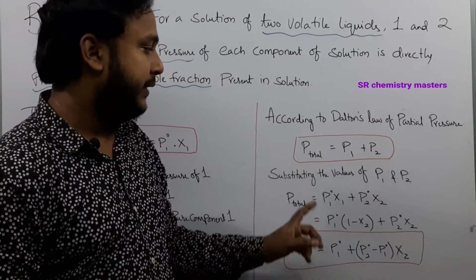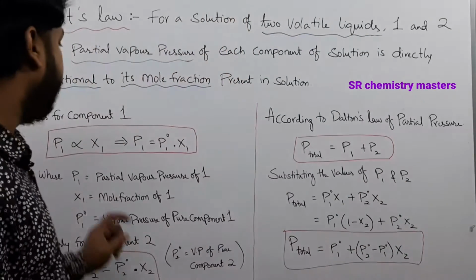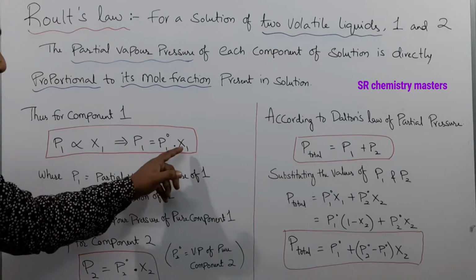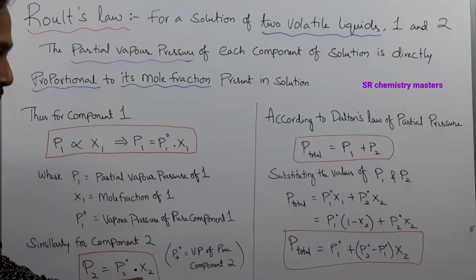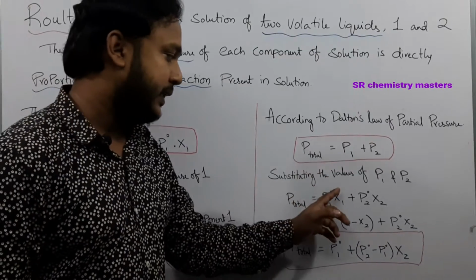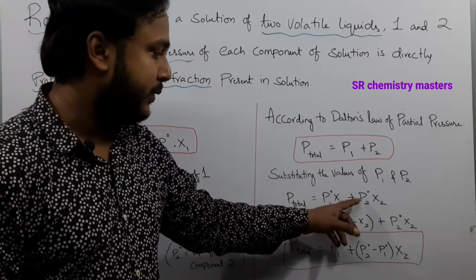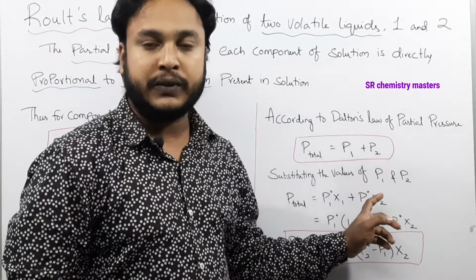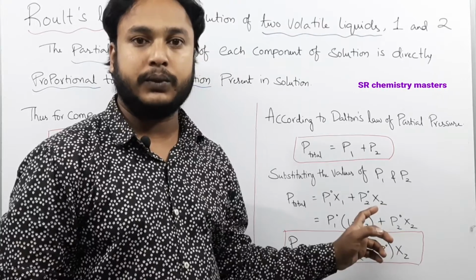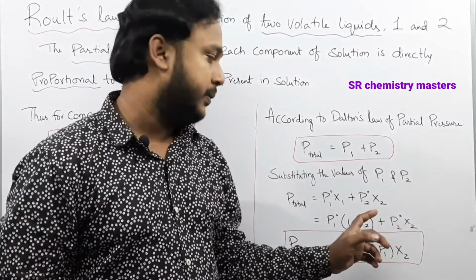On substituting the values of P1 and P2, as we have seen here, P1 is equal to P1 naught into X1, and P2 is equal to P2 naught into X2. When we substitute these values, we get P1 naught into X1 plus P2 naught into X2, and we know that the sum of the mole fractions of all the components is equal to 1, and from that we can calculate the mole fraction of any of the components.